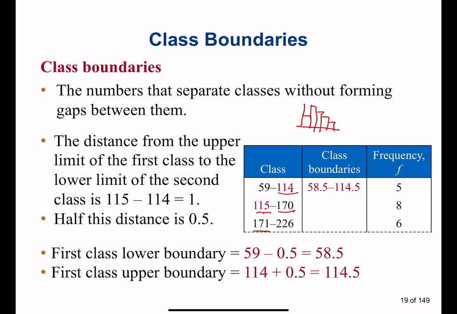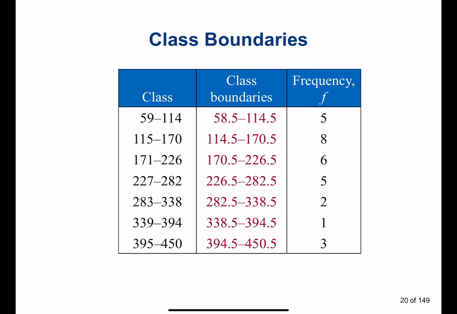Here we have 114, and here we start with 115. So we split this gap, 0.5 and 0.5, which means this upper limit, 114, is going to gain 0.5, and the lower limit for the next class is going to give up 0.5.